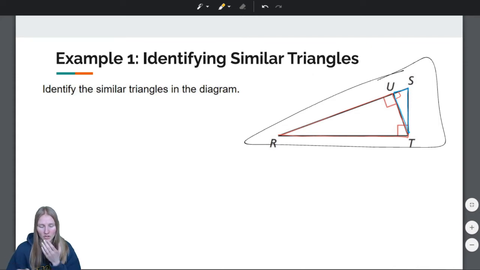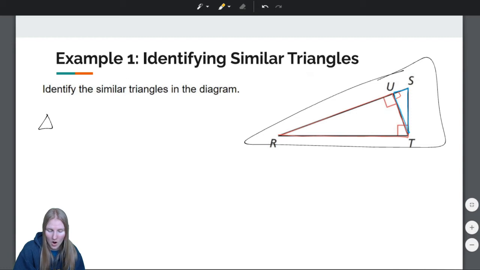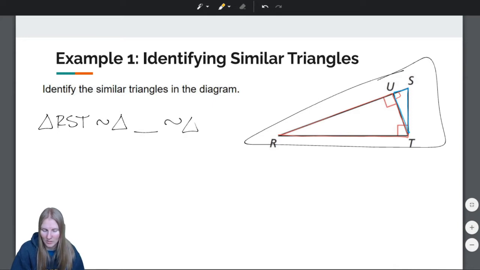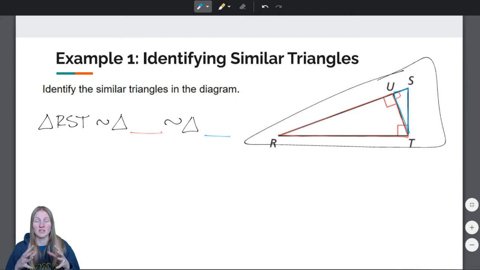So what they want us to do is say triangle RST is congruent to triangle blue, or not congruent, I'm sorry, similar to triangle red. They want us to write a similarity statement and identify each of the triangles.